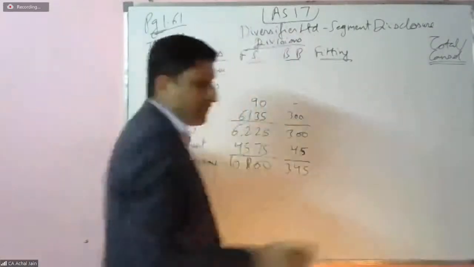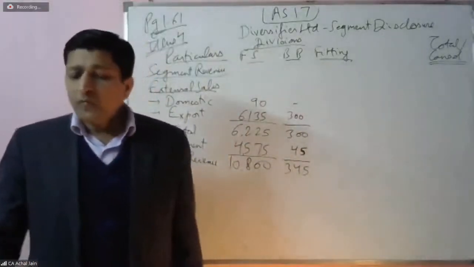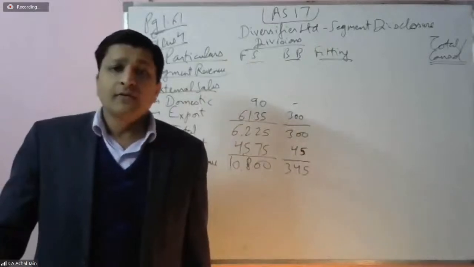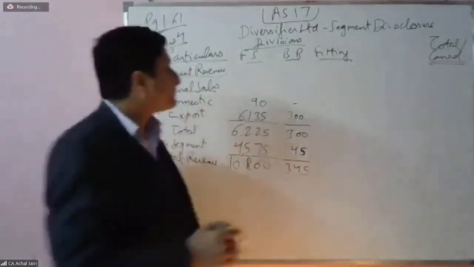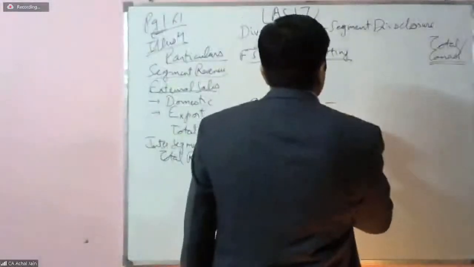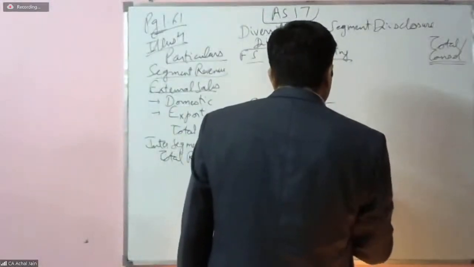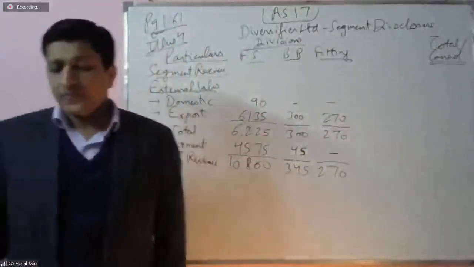So this becomes 345. Correct. Moving on to fitting. Fitting has made sales of 270 and there are only exports. So this is 270, this is nil. So this is 270. Correct?